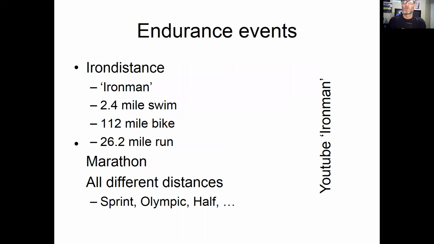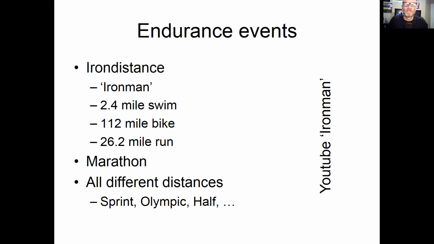Right. So we're going to focus on iron distance events, marathons, ultra runs, maybe even long distance swims, maybe a 10K swim, or maybe even long distance cycling events. We're gonna talk about these long events. So Ironman is a brand.